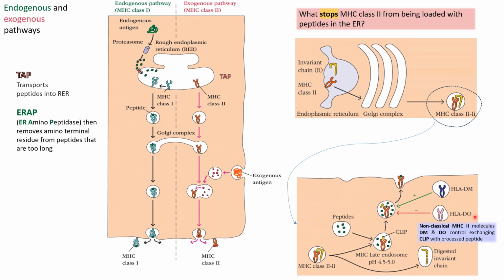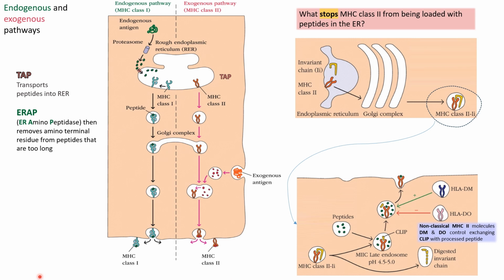And we have a negative regulator as well called DO, which keeps the CLIP bound in with the MHC class 2 molecule. So all these are class 2. We haven't said whether this is DR, DP, or DQ. Those are the classical MHC class 2, but it's one of those three. And we also have these non-classical MHC molecules, DM and DO, which are controlling this process.